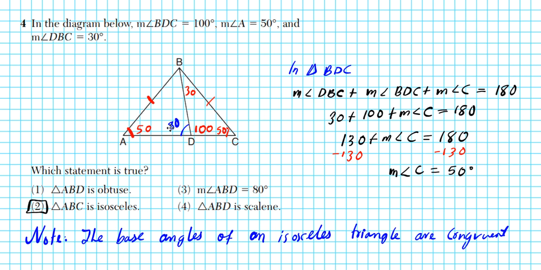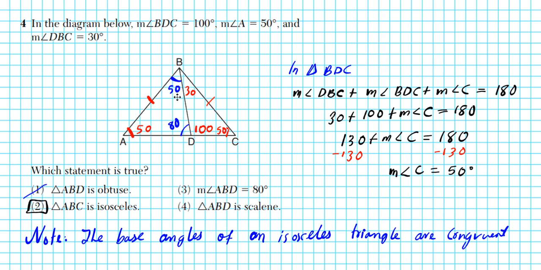So if this is 80 and 50, this is going to be the supplement of these two because we know the sum of angles in a triangle is 180. So you just add these two, 130, and subtract from 180. That's 50 degrees. None of these angles are greater than 90, so it is not obtuse. Measure of angle ABD is 80 degrees.